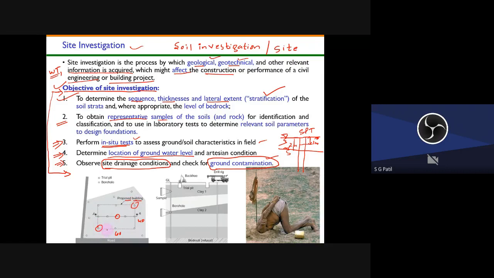Three boreholes. Or if this structure is very important, like a power plant or a dam, then you drill more boreholes, depending on the variation of the soil.